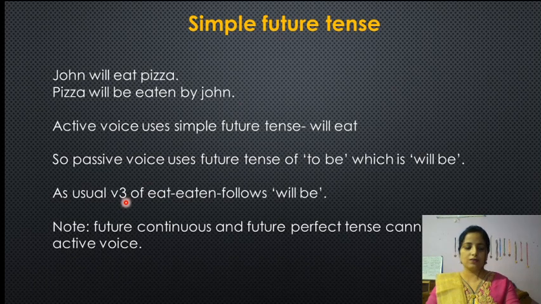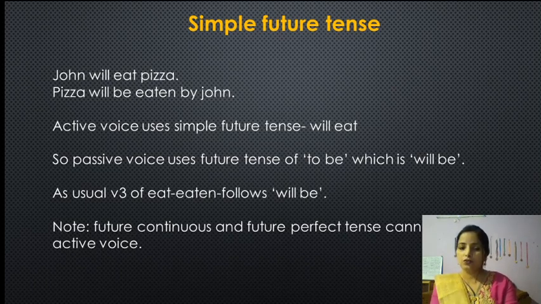V3 is must. Please see the note. Very important. Okay, this note is very important. Future continuous and future perfect tense cannot be brought into active voice or passive voice. This is a very important note. Okay. So you may say that during present tense, we did simple present tense, present continuous, and we also did present perfect.